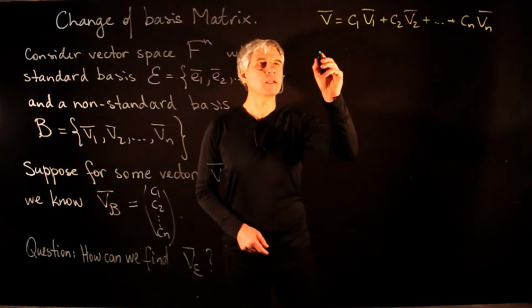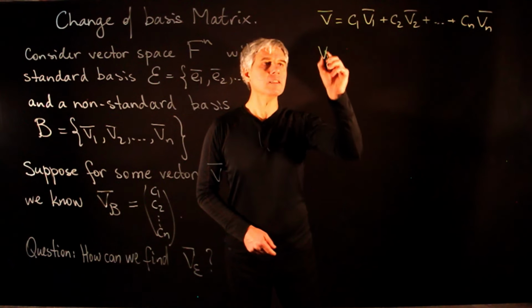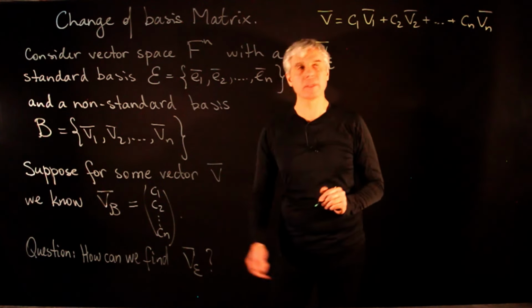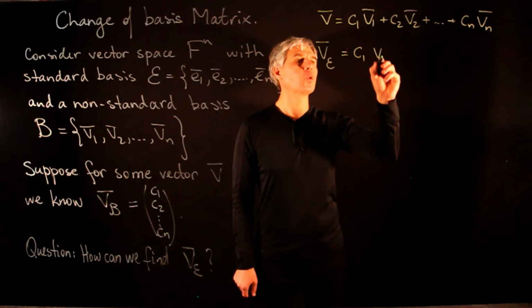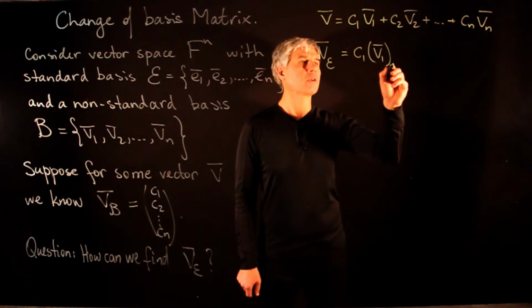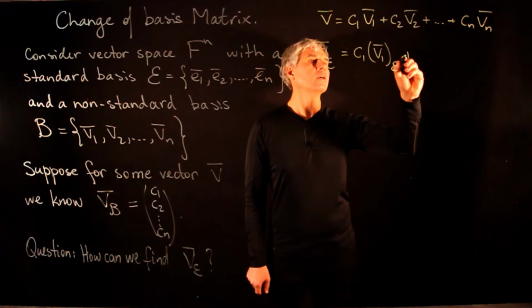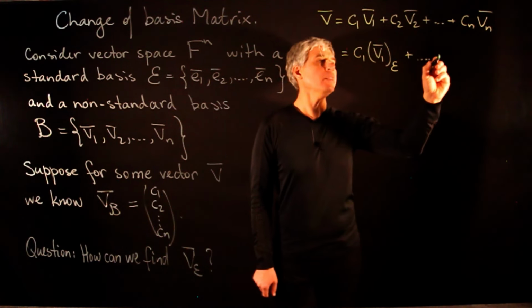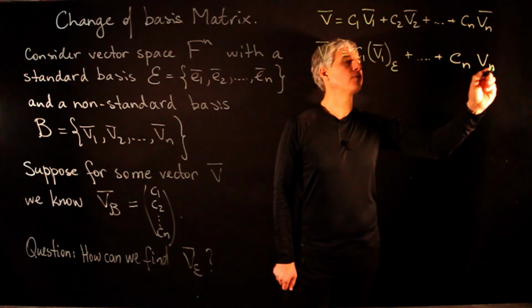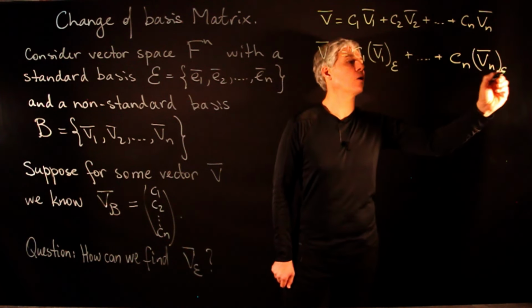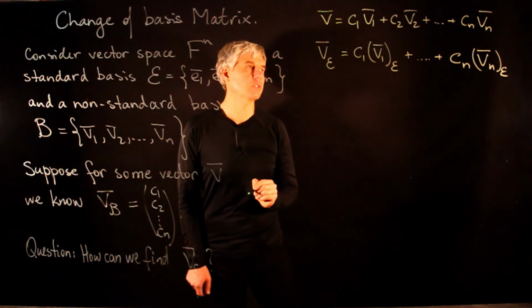To get the standard coordinates of this vector, we take the standard coordinates of the first basis vector and multiply it by c1, and just take a linear combination of the standard coordinates of these basis vectors.